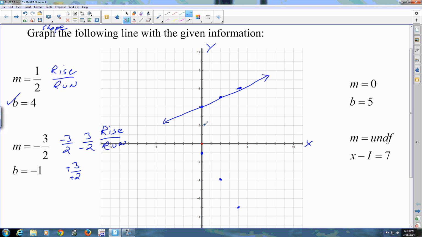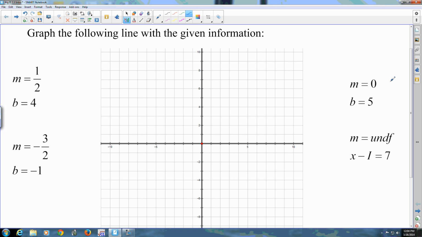But this time it's saying run a -2, so that means you go backwards 2. 1, 2. And notice it's still on the same line, so it doesn't matter which one of these you're picking. It's going to produce the same line. Right?